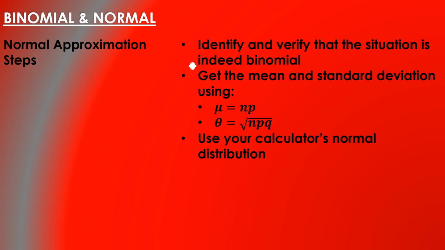Okay, so normal approximation. First, we're going to identify that we do indeed have a binomial situation. Then we're going to use these formulas right here to get our mean and standard deviation. And then we'll use our calculator's normal distribution to get our answer. So let's take a look at our example.